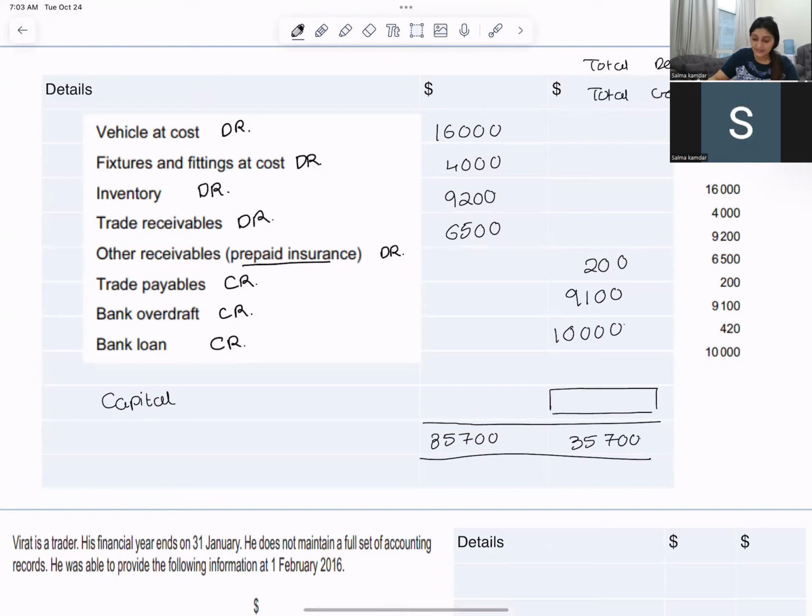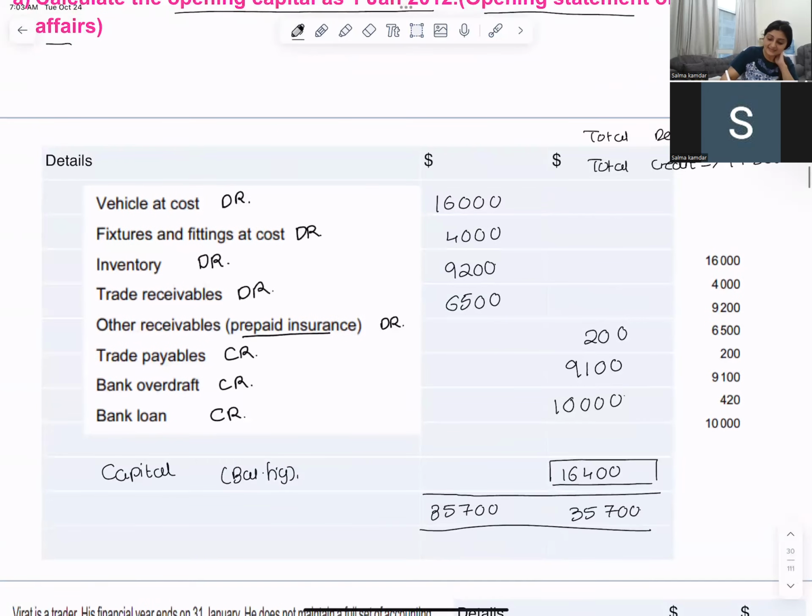Total of credit is 19,300. From the total of debit, when I subtract my total of credit, from 35,700 subtracting 19,300, what I get is capital, which is my balancing figure, which is 16,400. Okay, and what I prepared is a statement of affairs.